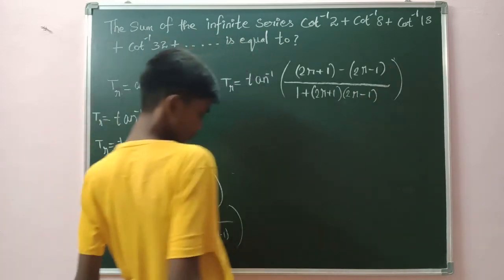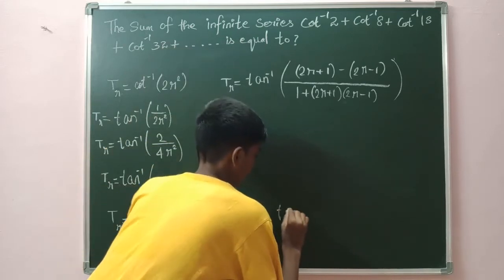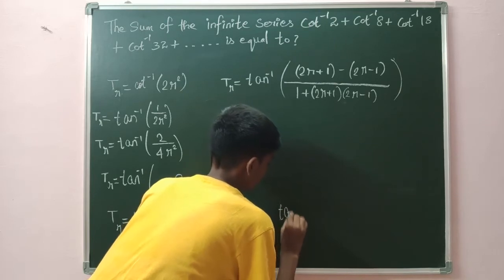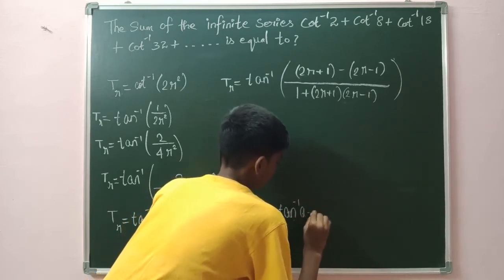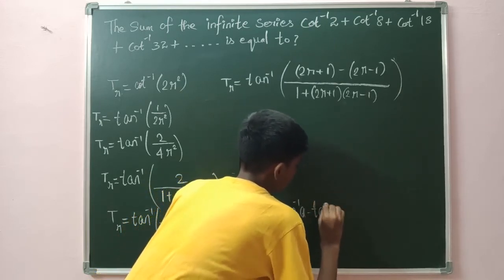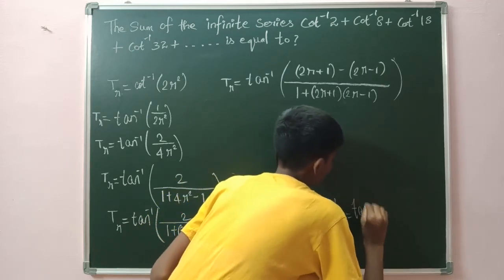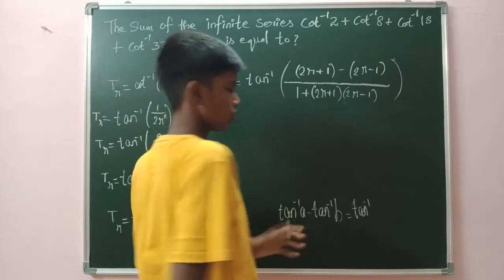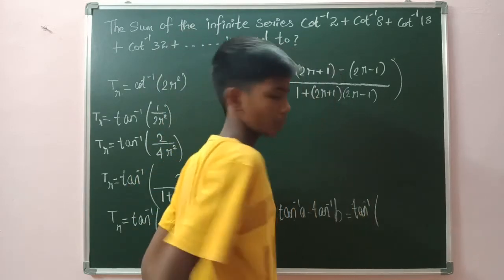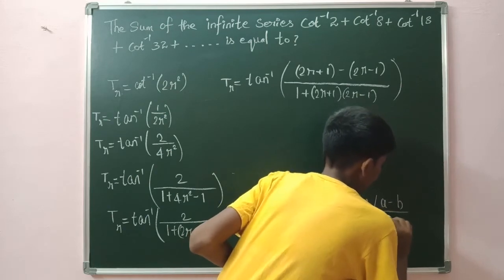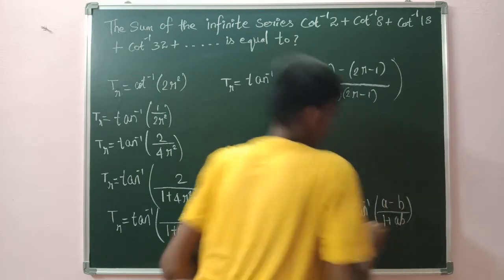So I will write that formula here. Tan inverse A minus tan inverse B is equal to tan inverse of A minus B divided by 1 plus AB, and most probably in every question you will use this formula, or otherwise the tan inverse A plus tan inverse B formula. That's a simple technique to remember this.